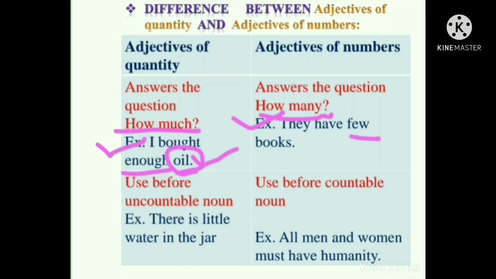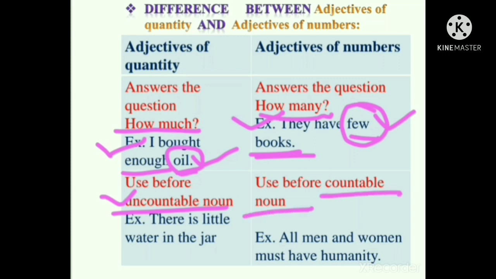Here, few is an adjective of number, because books is a countable noun, and before that I have used this adjective, and that's why it is an adjective of number. Again, if I ask the question how many books, then I will get the answer few, and that's why this is an adjective of number. Then the second difference is use before uncountable noun: adjectives of quantity we always use before an uncountable noun, and adjectives of number we use before a countable noun. This is the second difference.